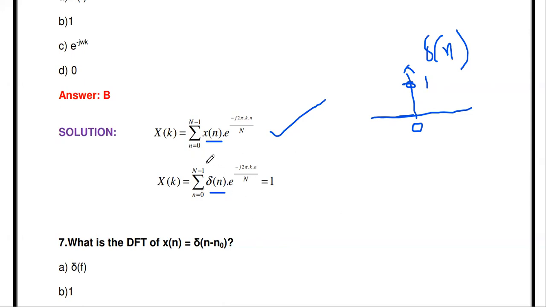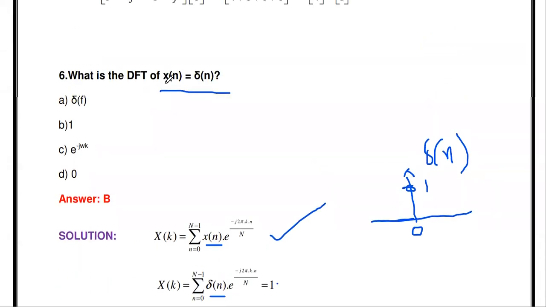So if you expand this summation, only at n equal to 0 is the del of n value 1. For n equal to 1, 2, 3, all values are 0. So we get 1 into e power 0, which is 1. The DFT of the unit impulse signal is 1.